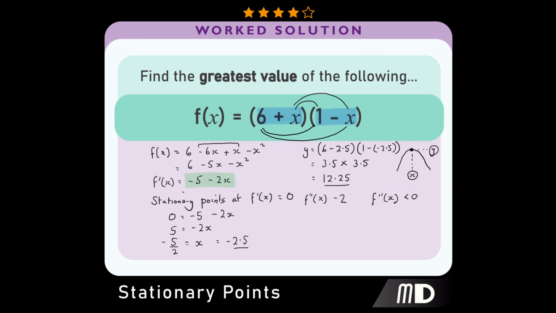So I confirmed what my sketch has shown me, which is that where x is minus 2.5, it's a maximum point. So to finish off, the answer to my question, find the greatest value of the following. The greatest value is 12.25.